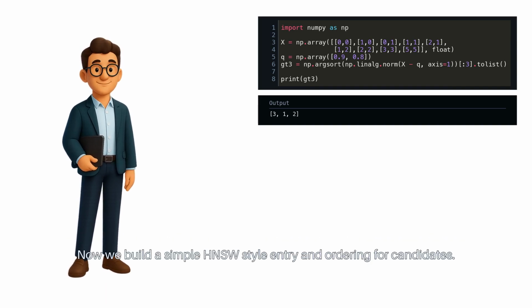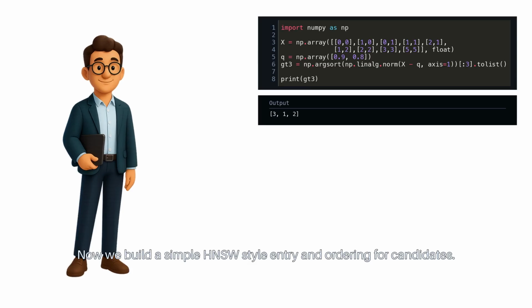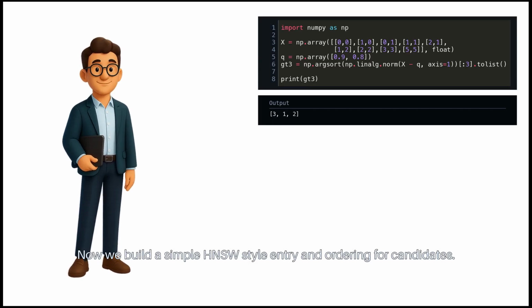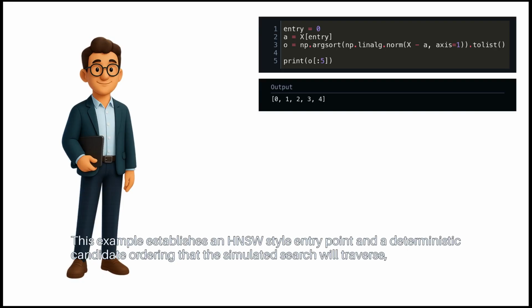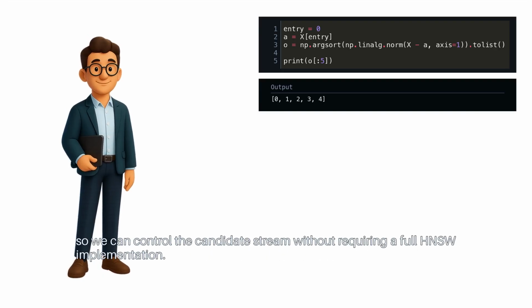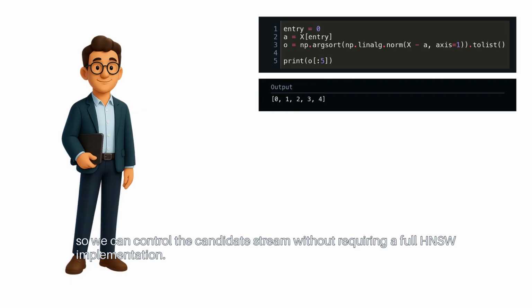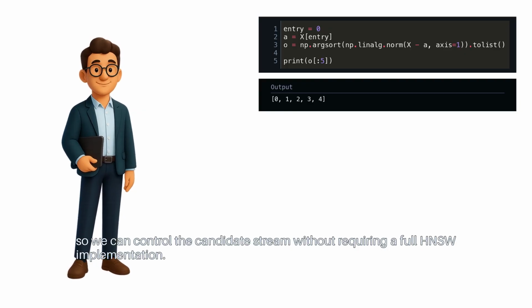HNSW-style approach. Now we build a simple HNSW-style entry and ordering for candidates. This example establishes an HNSW-style entry point and a deterministic candidate ordering that the simulated search will traverse, so we can control the candidate stream without requiring a full HNSW implementation.